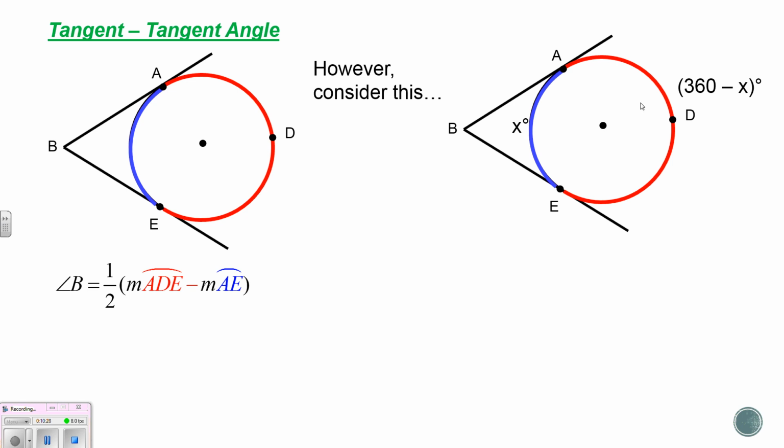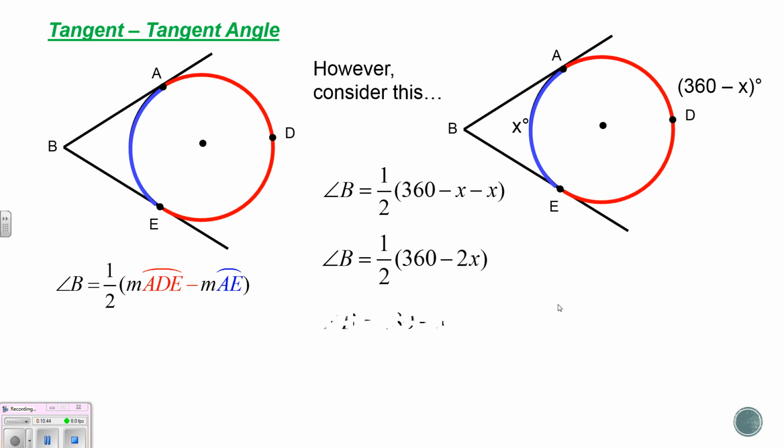So if I plug these two arc measures into this formula, take a look at what happens. It's pretty cool. So we do half of the big arc minus the little arc, simplify, combine like terms, and distribute the 1/2. And what it shows us is this relationship between the tangent angle and this minor arc. And it looks like they're supplementary.